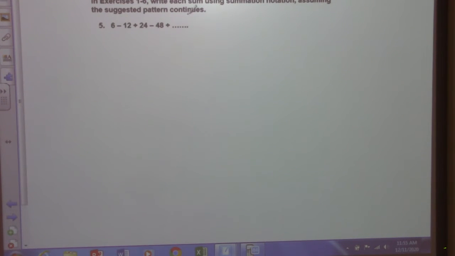It says, write each sum using summation notation, assuming the suggested pattern continues. What is the pattern you notice here? They don't say anything about if this is arithmetic or geometric. Negative 2. Nicole says negative 2. Yeah, so Nicole noticed that our common ratio is going to be negative 2, right?